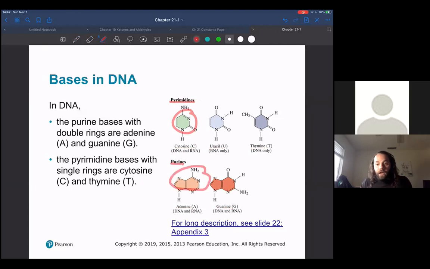That's just how I have it in my brain so that it's easier to memorize. Again, in DNA, you'll have cytosine, thymine, adenine, and guanine, whereas in RNA, you have cytosine, uracil, adenine, and guanine.